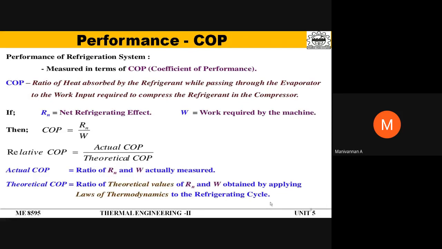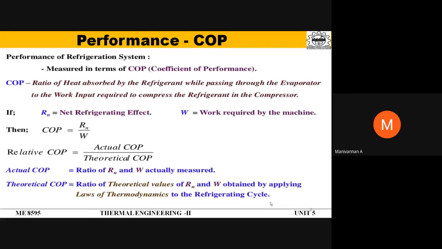Coefficient of performance is the net refrigeration effect to the amount of work input that we give to the system. If you measure this, you call it the actual COP. If you calculate it by thermodynamic laws, we call it the theoretical COP. The ratio between actual COP and theoretical COP we call the relative COP.